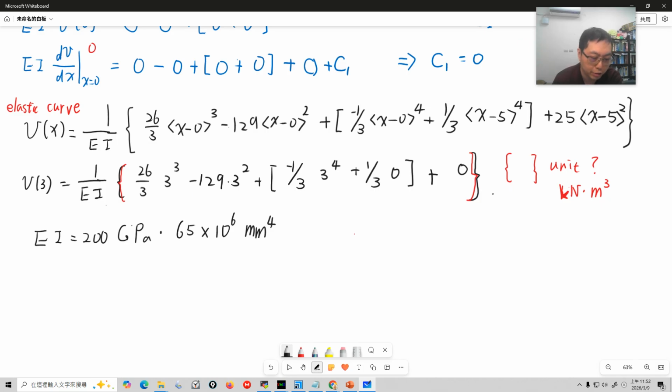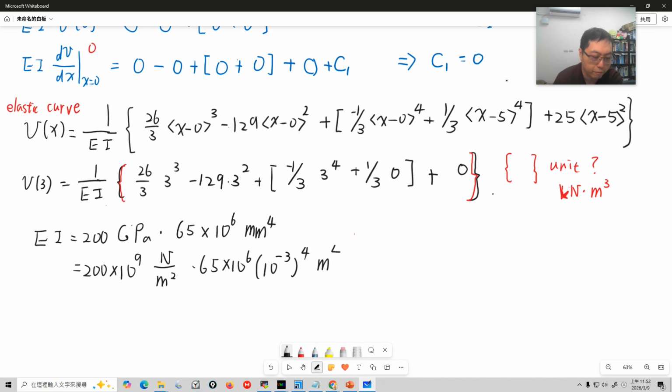Okay, let's check the unit. So here G is 10 to the power 9, don't forget. And Pascal is Newton per meter square. So it's times 65 times 10 to the power minus 6, m to the power 4.